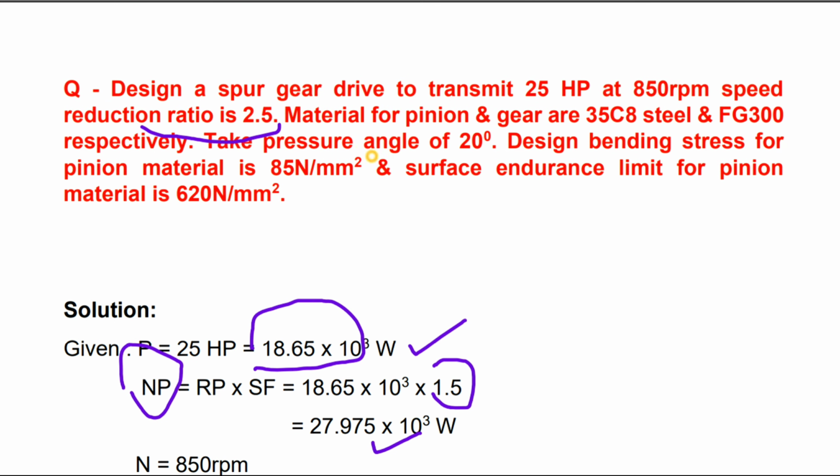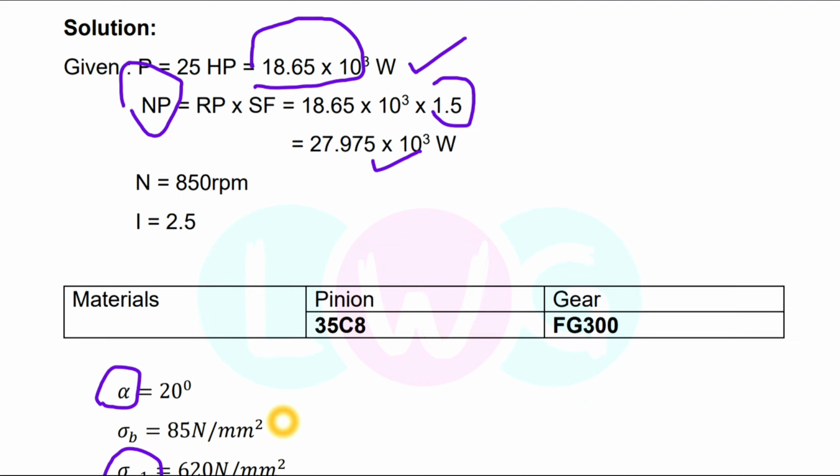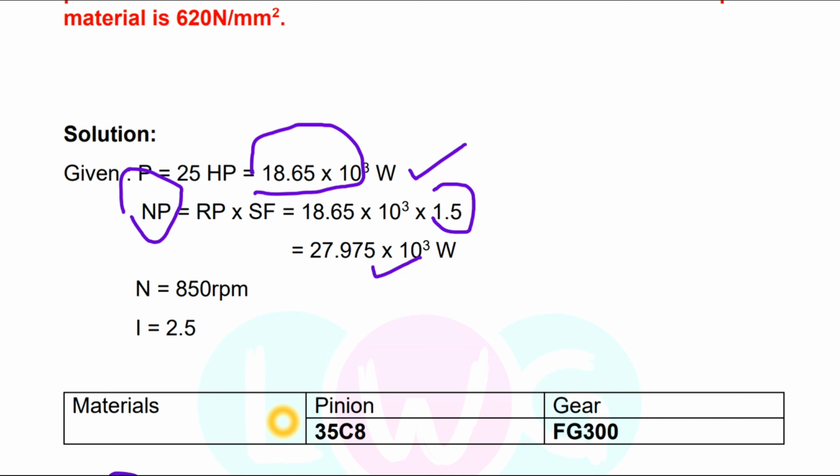Take pressure angle equal to 20 degree, so alpha is 20 degree. Sigma b, the bending stress given in the question for pinion, is 85 Newton per mm square, and the endurance limit also given in the question is 620 Newton per mm square. So we have taken all the given data from the question.